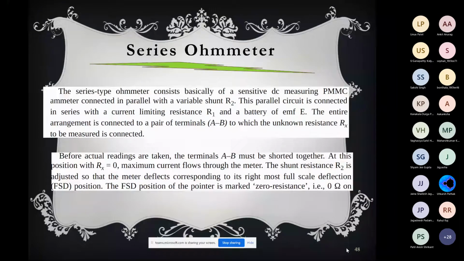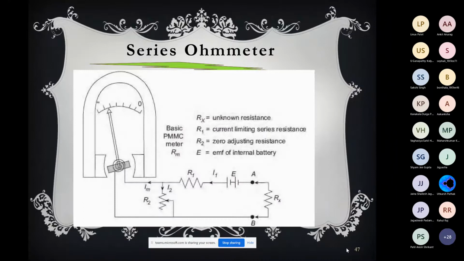Actually, this R2, just one minute. This R2 is the zero adjusting resistance. Now you can see how it adjusts the 0. Suppose there is no resistance between A and B, I mean the points A and B are shorted. Once A and B are shorted, a current will flow through A and B. Now you have to adjust R2 in such a way.